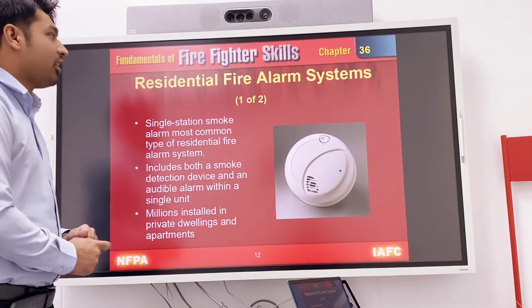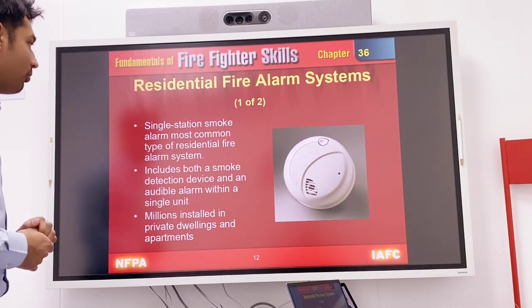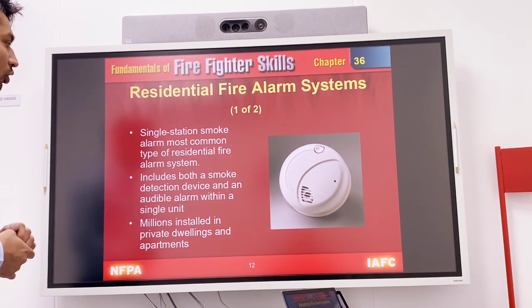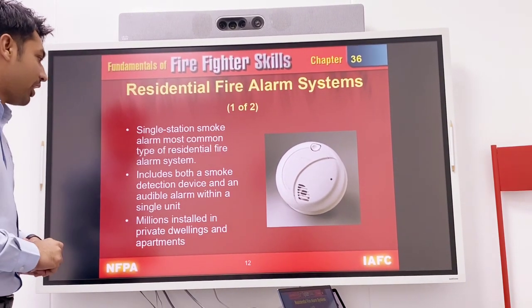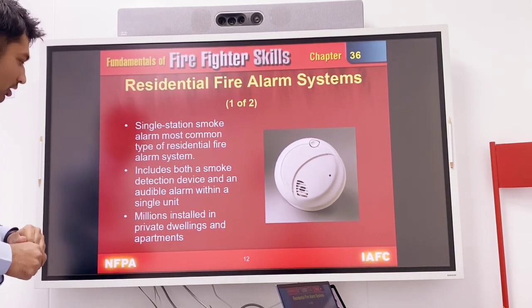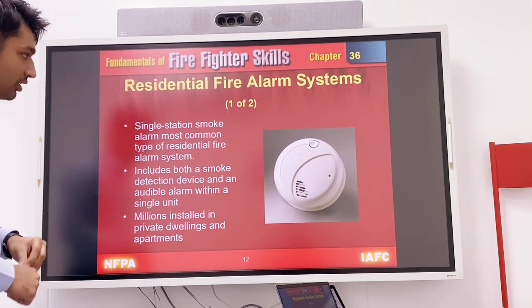Now we have the residential fire alarm system. The single station smoke alarm is the most common type of residential fire alarm system. It includes both a smoke detection device and an audible alarm within a single unit. Millions are installed in private buildings and apartments.